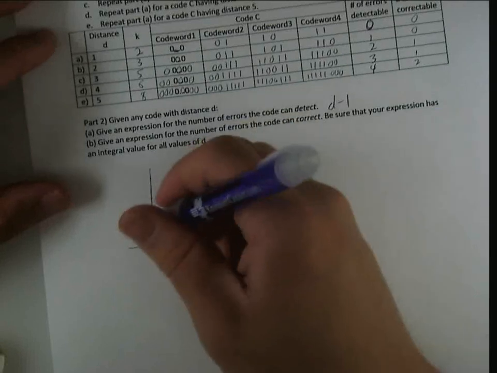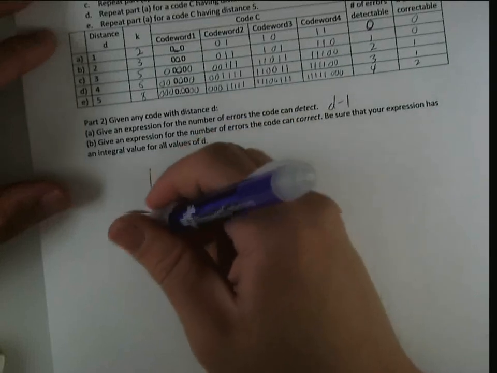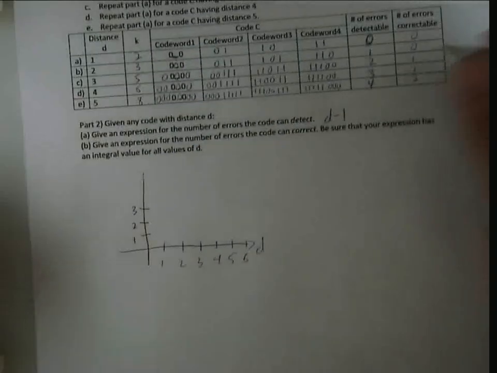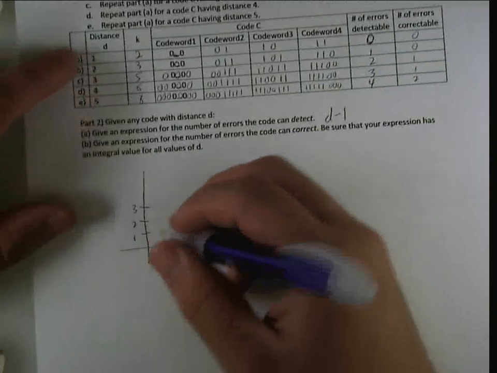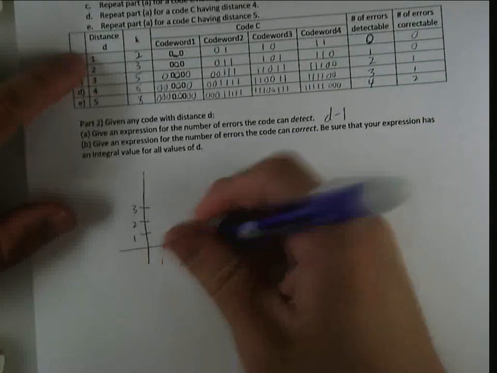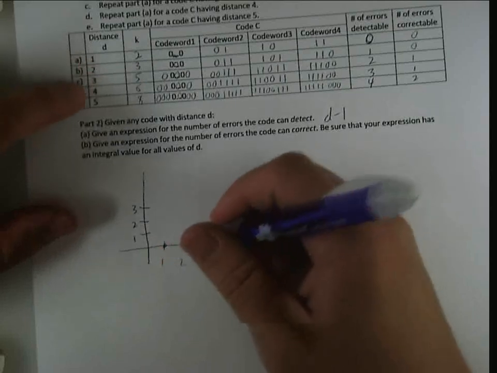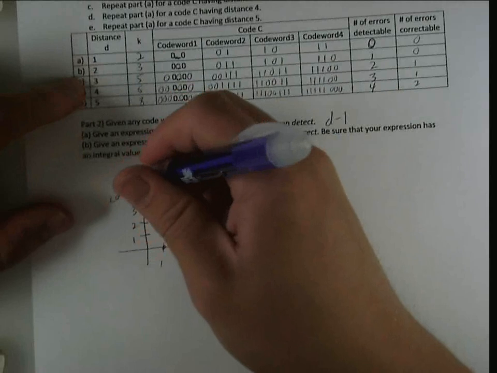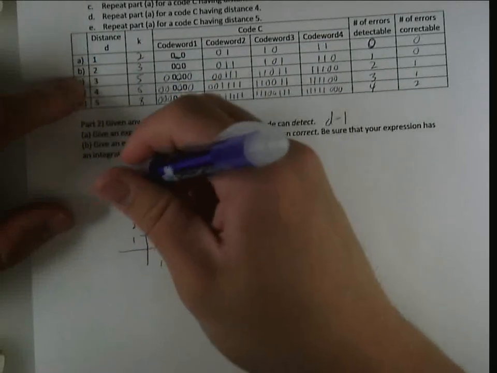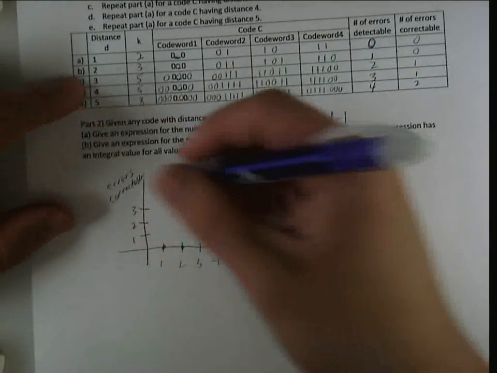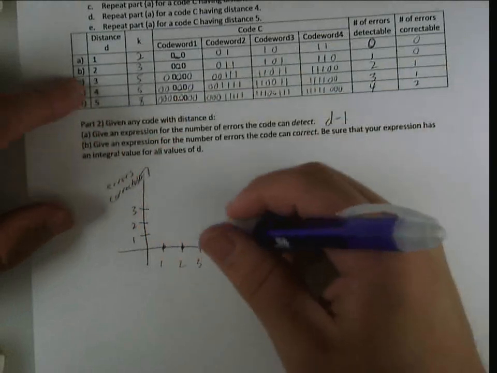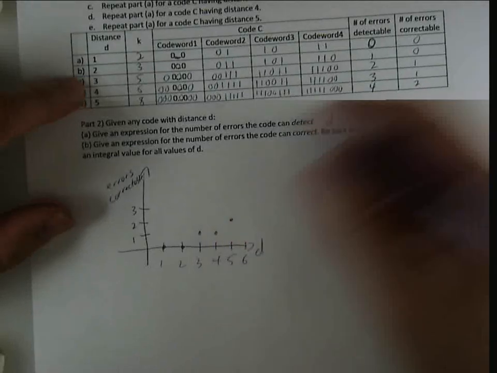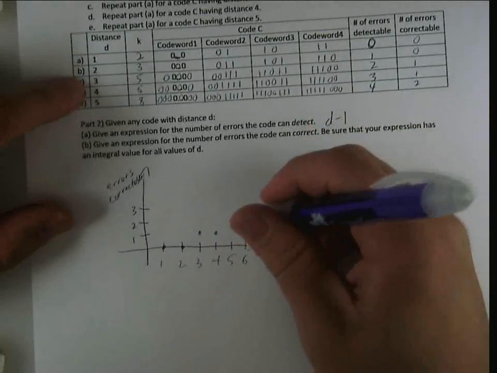And number of errors correctable along this axis. So at distance 1, 0. At distance 2, 0. And then 3 is 1, 4 is 1, 5 is 2, and by similar reasoning to what we did before, I'm going to be able to say that 6 is 2.